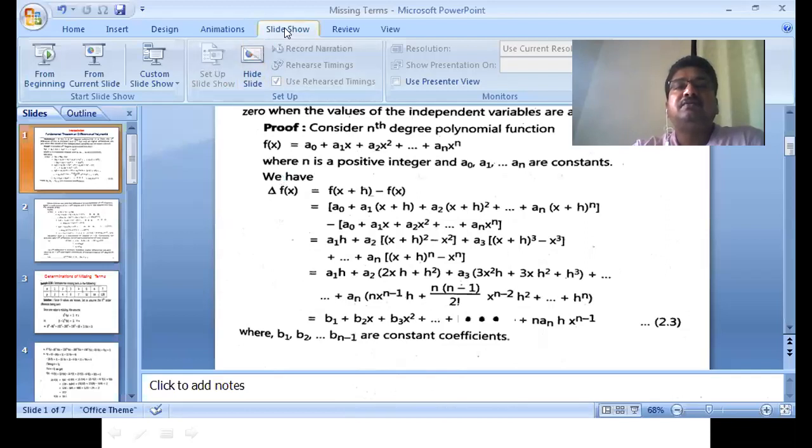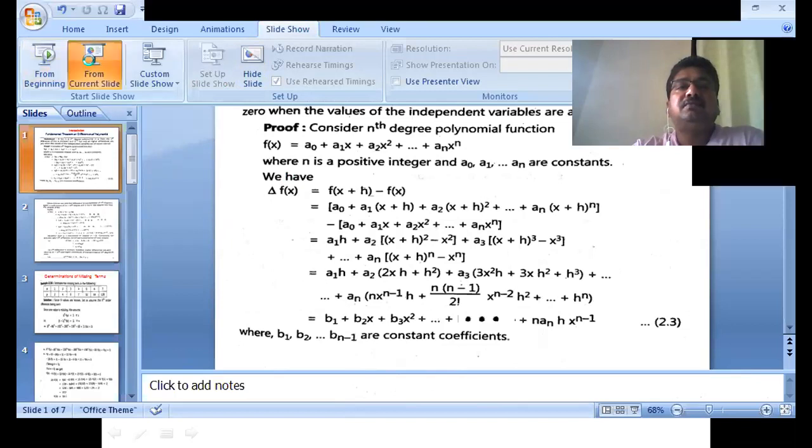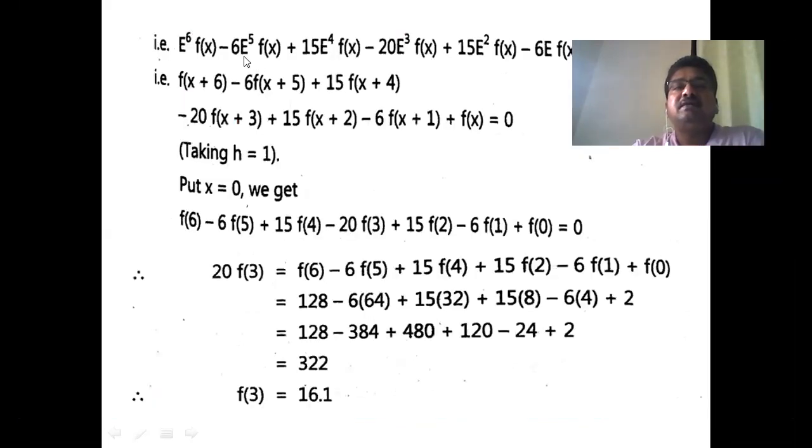And therefore we have this. Then e raised to 5 fx is f of x plus 5. E raised to 4 fx, e cube fx, e square fx, e fx is f of x plus 1, and fx. Taking h as 1, obviously. Then put x is equal to... what is the substitution of x?